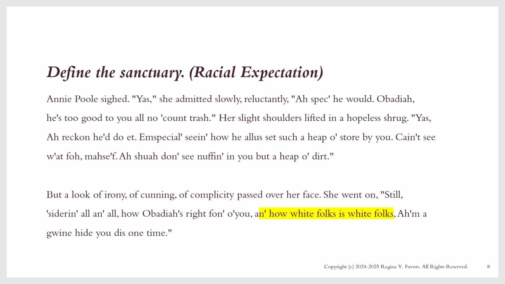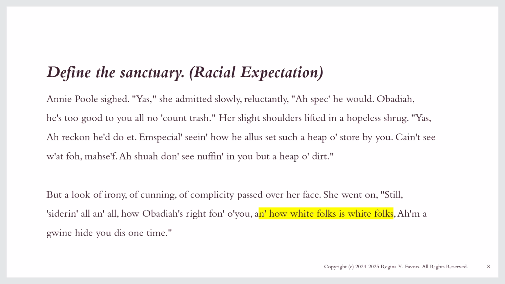Can't see what for myself. I sure don't see nothing in you but a heap of dirt." But a look of irony, of cunning, of complicity passed over her face. She went on, "How Obadiah is right on you, and how white folks is white folks. I'm gonna hide you this one time."